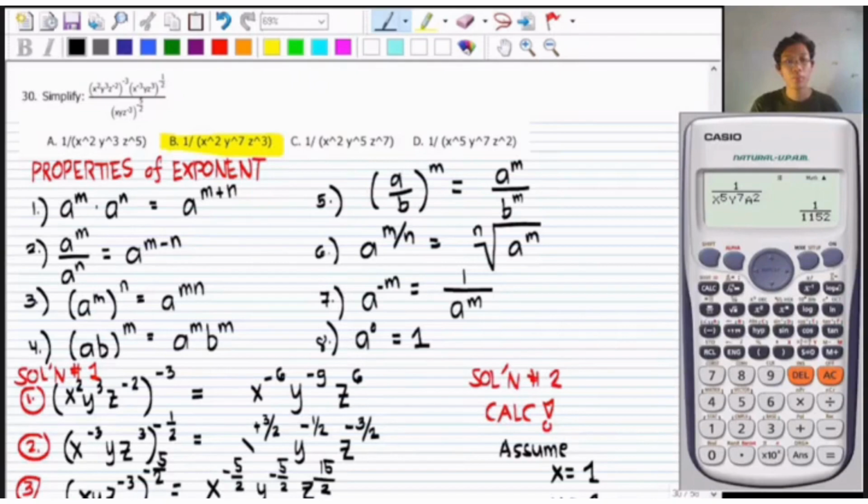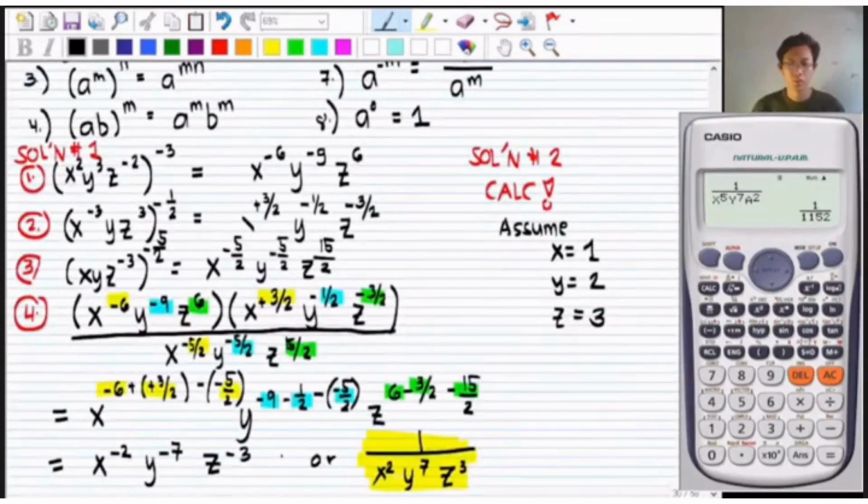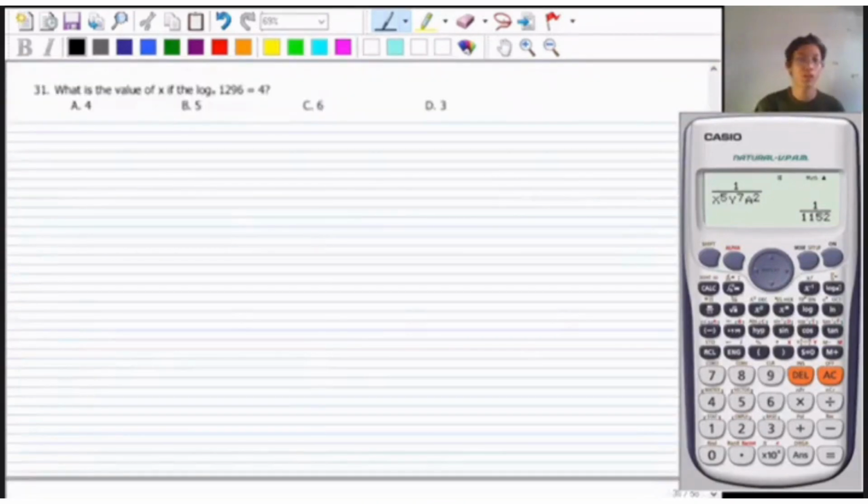Then, part 2. Okay, next item tayo, number 31. What is the value of x if the logarithm base x of 1296 is equal to 4? Okay, naituro ko na kanina kung paano mag-convert ng logarithm. Tama?